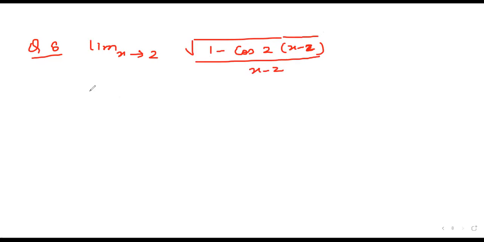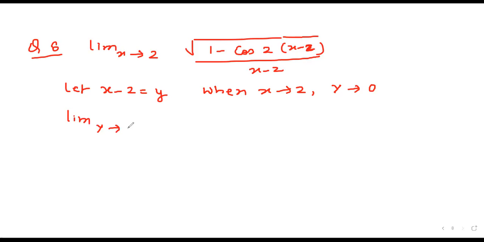Here we assume let x minus 2 equal to y. Now when x tends to 2, y tends to 0. So what do we get? We get limit y tends to 0, root of 1 minus cos 2y divided by y.